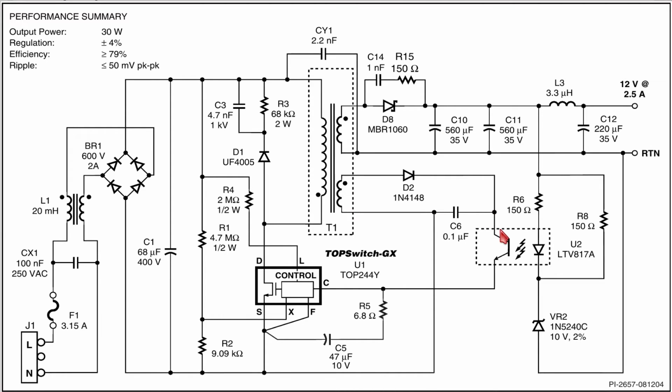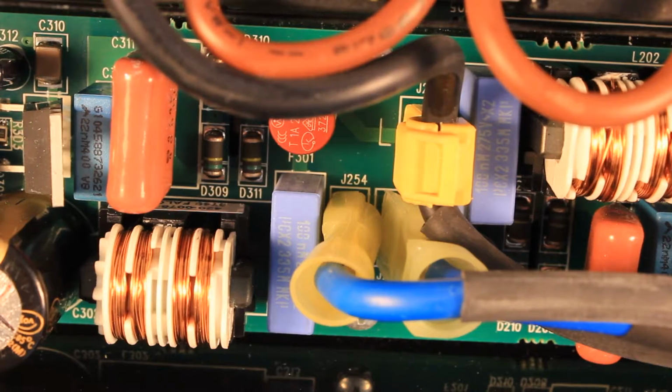And for the feedback, they are just using the very typical optocoupler, which is being fed by a voltage reference Zener diode here. This provides the feedback signal for the integrated circuit itself of how much power it should feed into the primary side of the circuit.